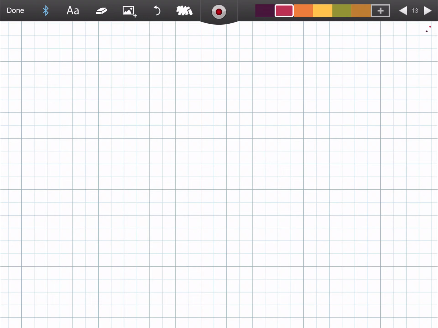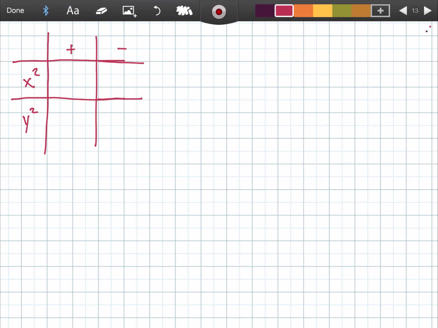To start off the second half of the lesson, I just want to remind everyone of the chart that we made last time. We were talking about x squared, y squared, positive, negative, and which way everything opens.